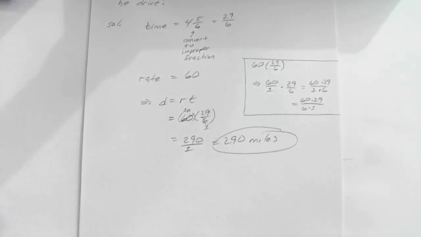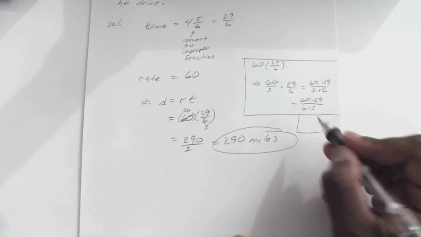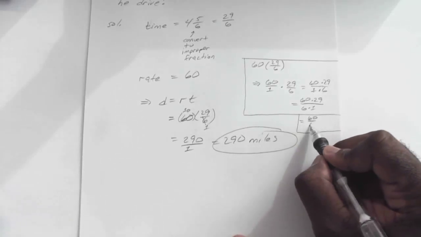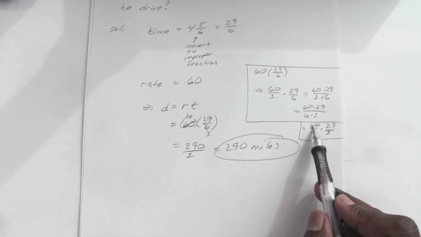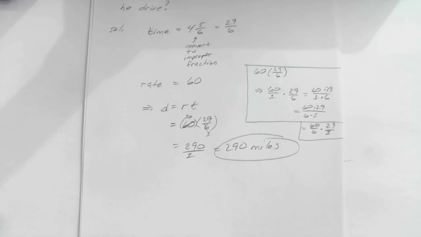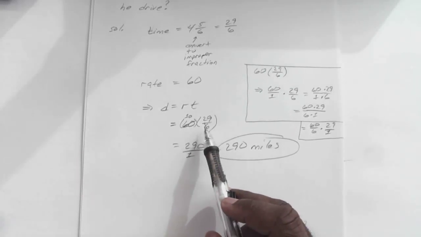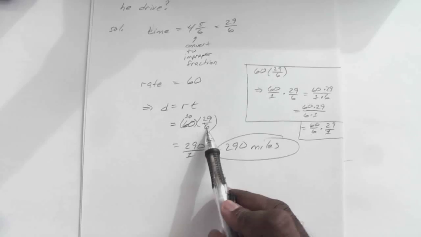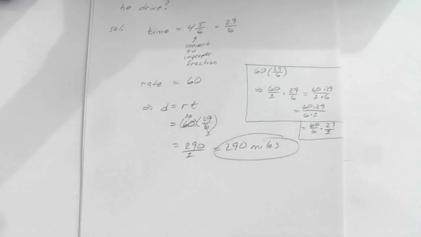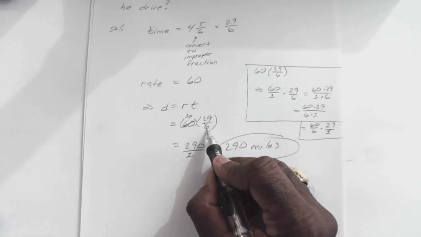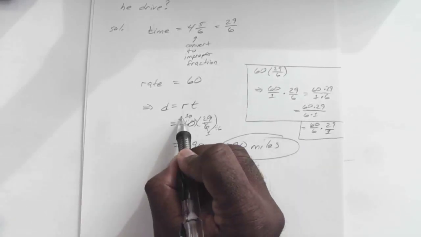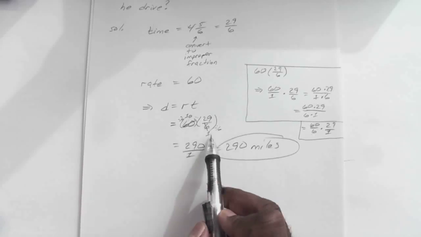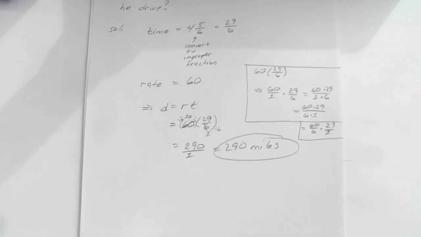And with fractions, if you broke those up, you would actually get 60 over 6 times 29 over 1. So really, when you cancel out, you're just skipping all those middle steps. So as long as you're multiplying, you can see how many times 6 is divided into the numerator and the whole number. So like I said, that's just the long, lengthy way of doing it. But if you say, okay, if you divide this one by 6 and this by 6, that's why we ended up with the 1 and the 10. Okay. All right. Does that make sense?